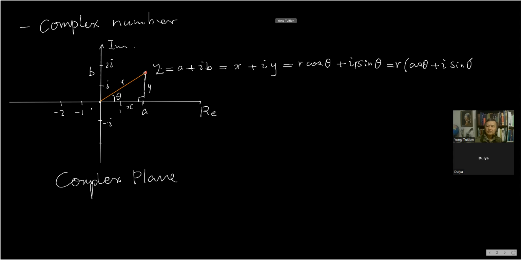So in short, the complex number can be written into these different forms. A complex number can also be written in this form. Can you see? The de Moivre theorem is dealing with what would happen if we multiply.